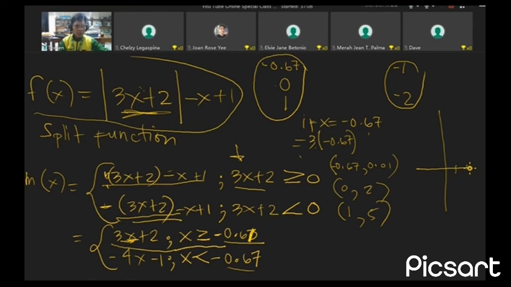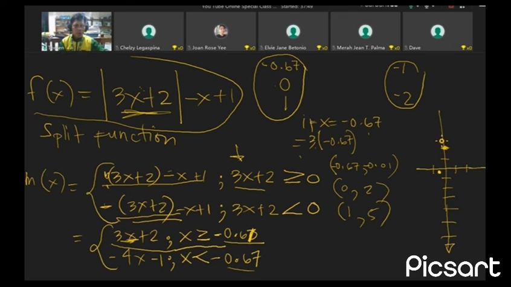Negative 0.67 is located here. If x is 0, your y is positive 2.